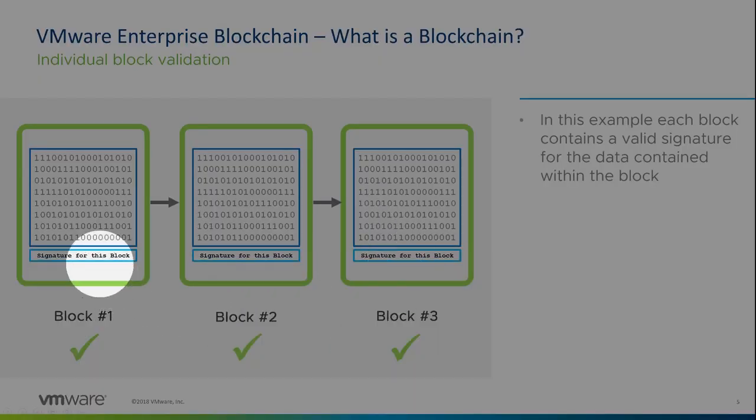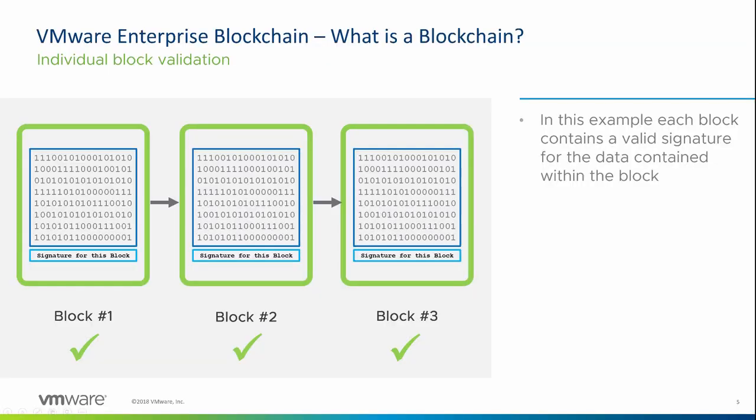The signature here corresponds to the data in the block here, and so forth for this block and this block. So from a validity point of view, everything looks okay and everything is okay. That's just a sequence of 3 blocks where everything is okay.